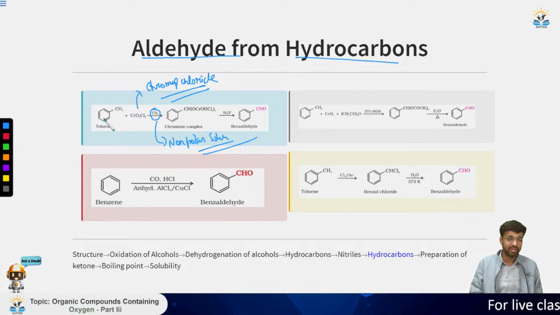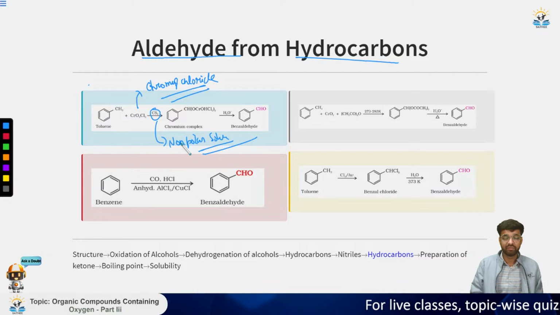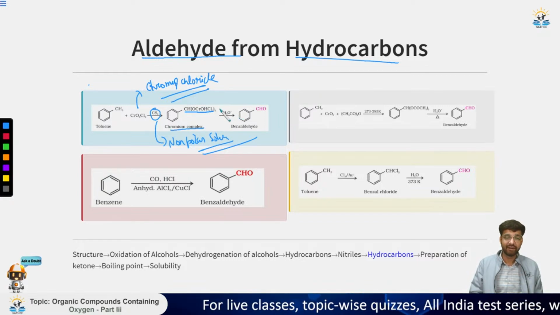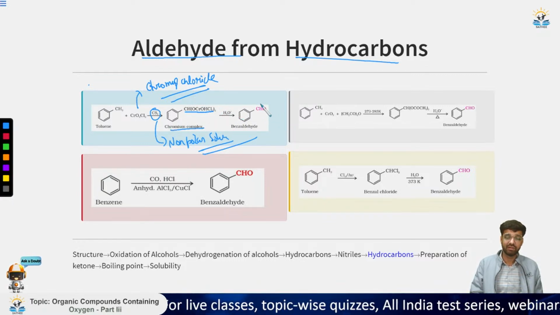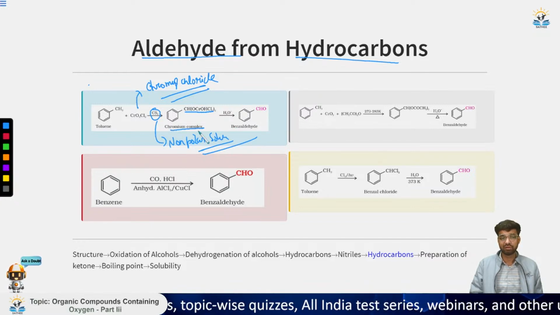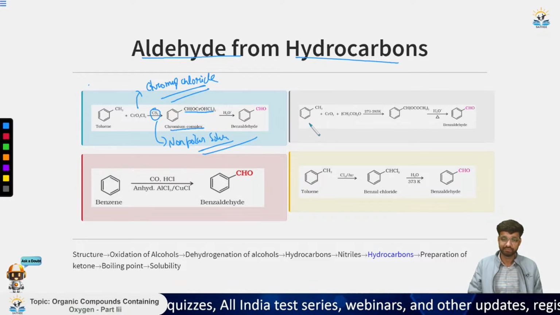And it happens through a concerted mechanism also. I'm not giving a descriptive overview of this mechanism. You have to remember it because it is a complex one. Now we get this kind of complex, that is a chromium complex. On further hydrolysis of this complex, we simply get the aldehyde. So this was using CrO2Cl2, that is chromyl chloride.